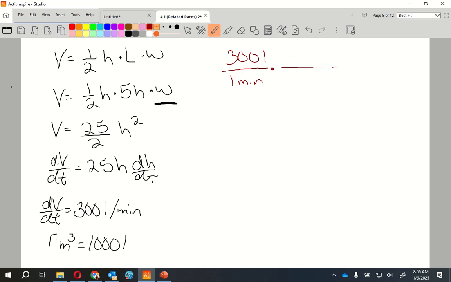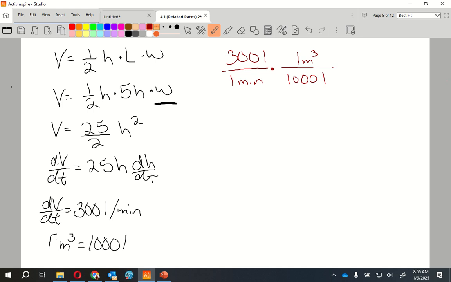To do my conversion, I'm going to put another fraction. Where does liters need to go? On the bottom. So I'm going to have 1,000 liters on the bottom, and what goes on top in my conversion? 1 meter cubed.